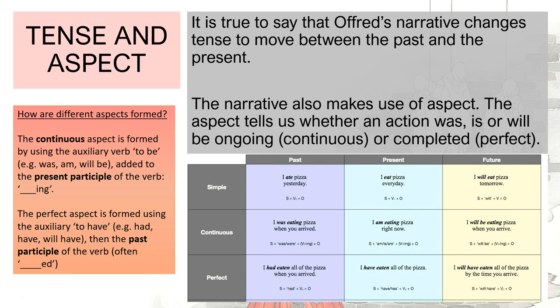And there's a note in the box there about how that's formed. They're formed with the use of auxiliary verbs. So continuous takes the auxiliary verb to be, and the present form of the verb with ing on the end. And the perfect aspect is formed using the auxiliary helping verb to have and the past participle of the verb.